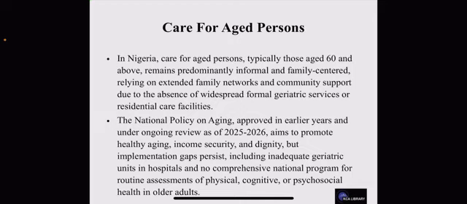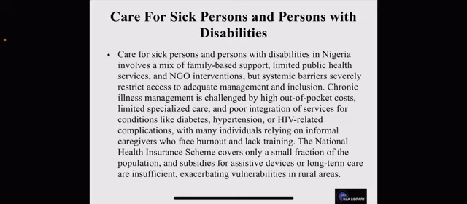They persist in the sense that despite the strive to promote healthy aging, income security and the like, so that lives will be easier for aged individuals, implementation has been a bigger problem, including a lack of adequate geriatric units in hospitals and no comprehensive national program for routine assessments of physical, cognitive or psychosocial health in older adults.